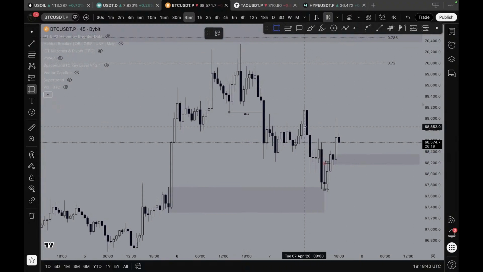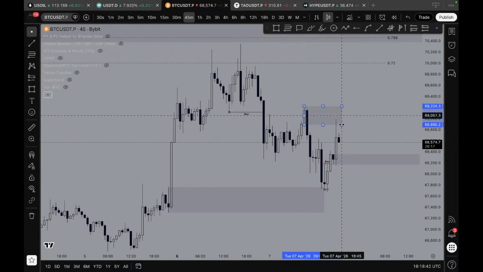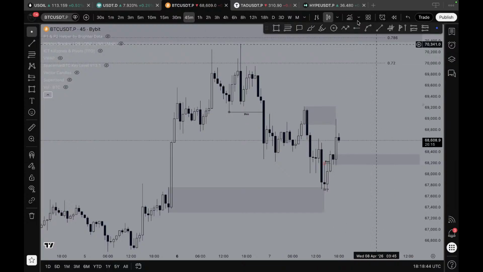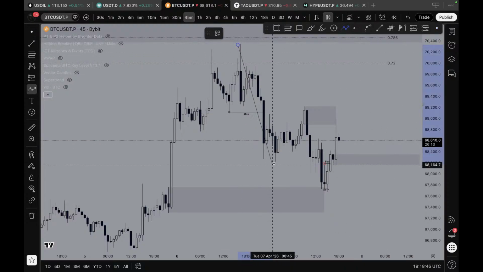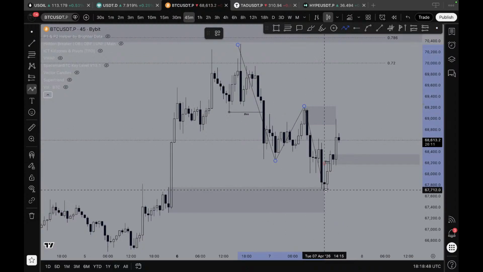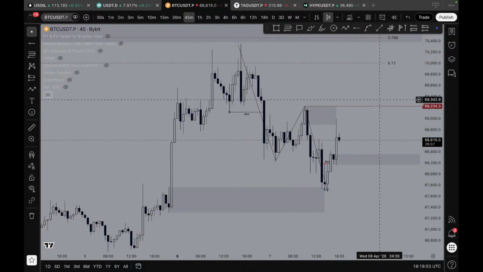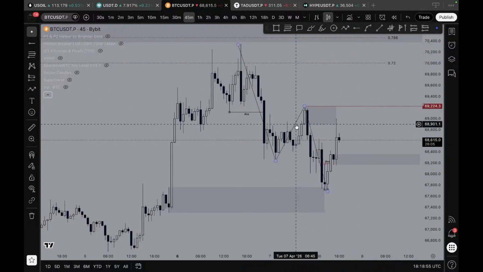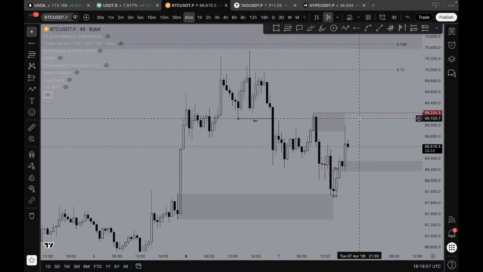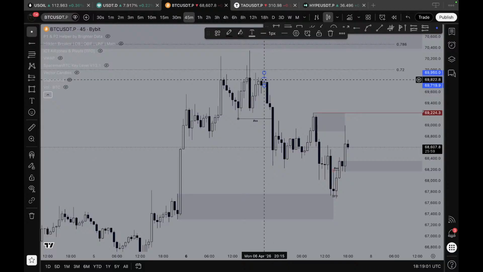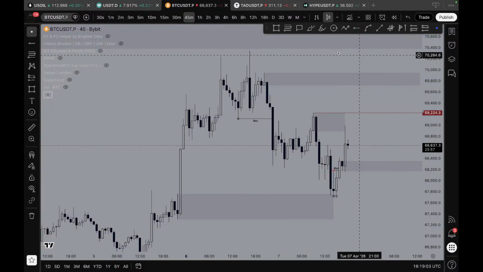And then we have supply right here where price just tapped into, which is also the main structure. So this is like the downtrend. So we just stepped into that supply. And then in case we go higher, this is the main supply I'm watching as well. That can go away.